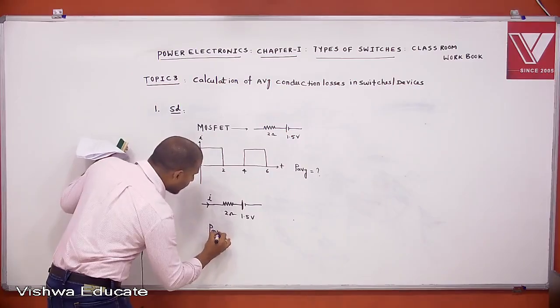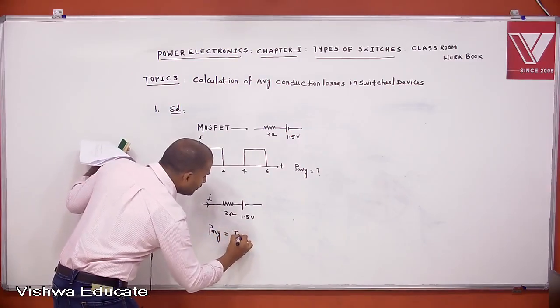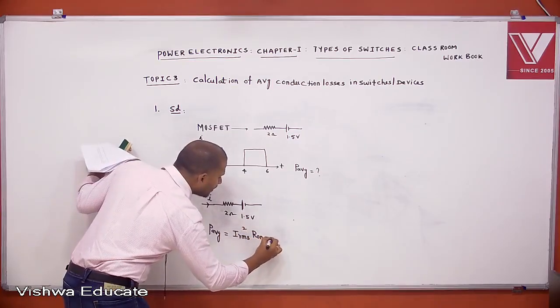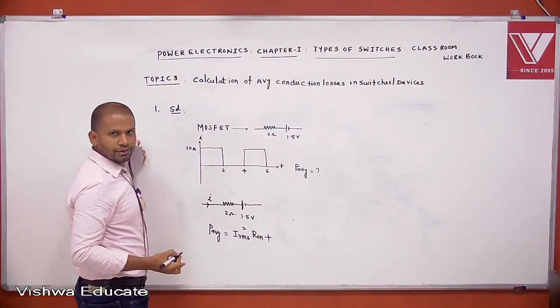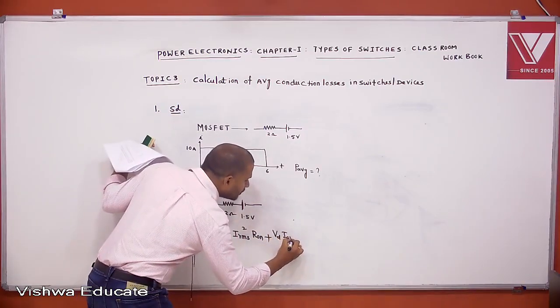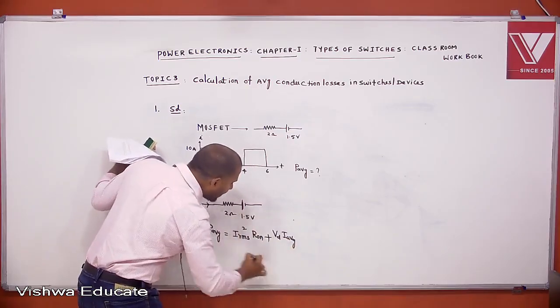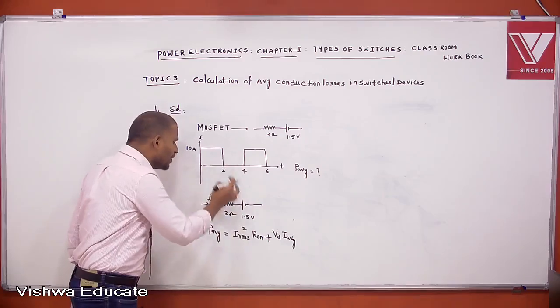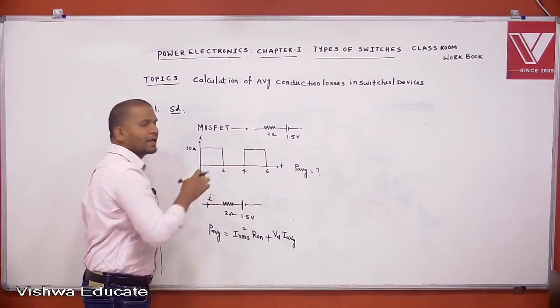With respect to resistance, you take the RMS value, I RMS square into R on. With respect to voltage drop, you take the average value. That means to find average power loss, you need the RMS value of this current waveform and the average value of this current waveform.